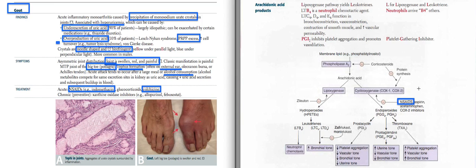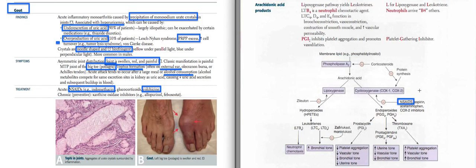Now, remember that COX-1 actually makes prostaglandins and protects the GI tract, or the guts, and COX-2 is more so involved in inflammation here. So basically, inhibiting cyclooxygenase is going to allow us to decrease a lot of the things that are seen with inflammation. Okay, this is pain, redness, swelling, loss of function, these types of things that come hand in hand with this precipitation of these monosodium urate crystals here.